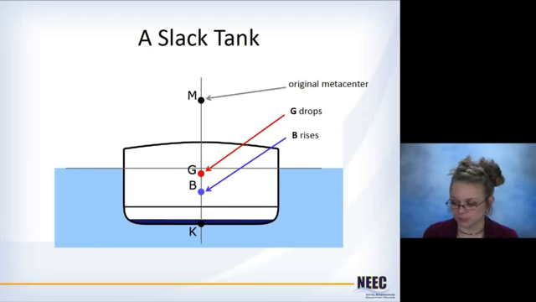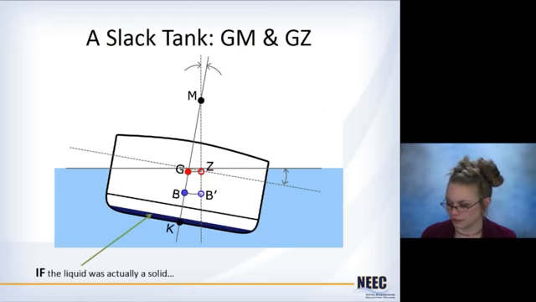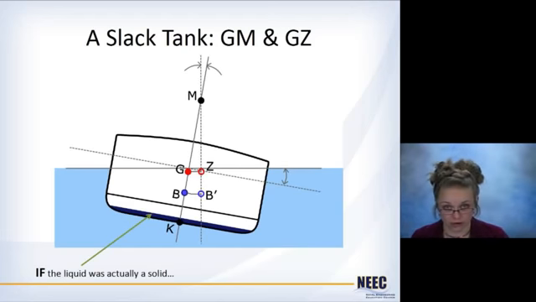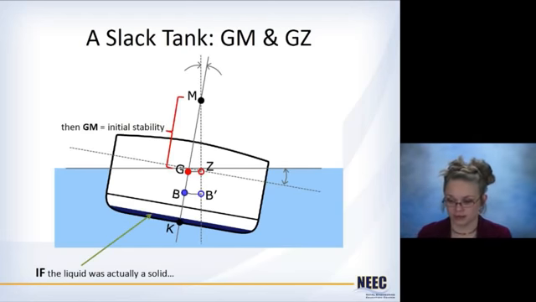All right. For simplicity's sake, we're going to say that the original metacenter is more or less the same for these cartoons. So if you take that ship and you rotate it, if the liquid was actually a solid, which is sort of what we've been working with up to this point, things look the same. The center of buoyancy shifts, the center of gravity does not, and you get an initial stability measure with GM.